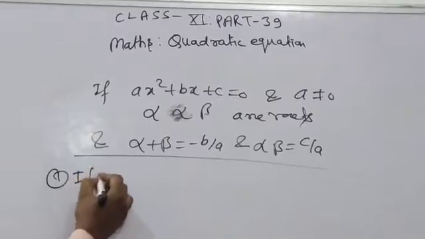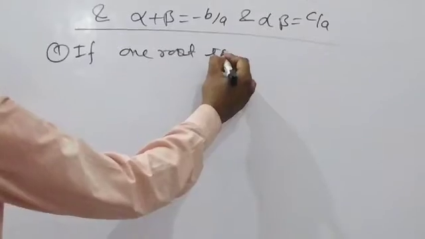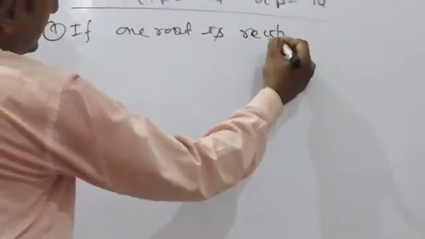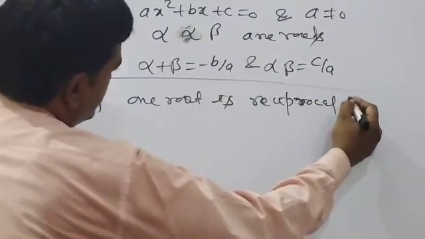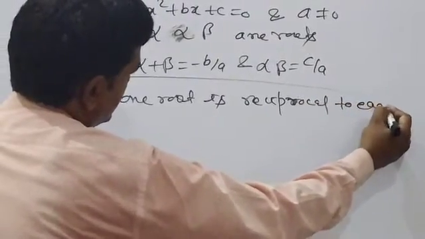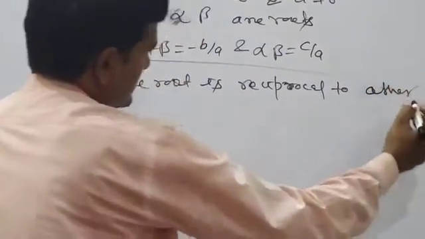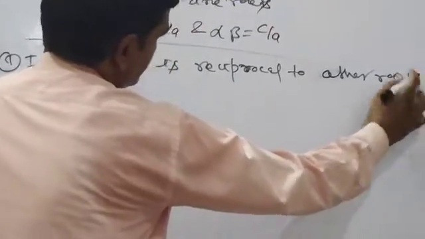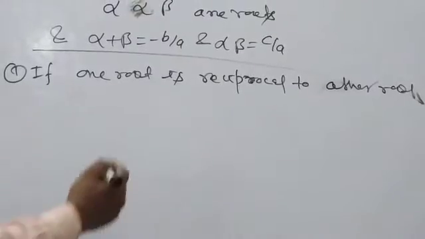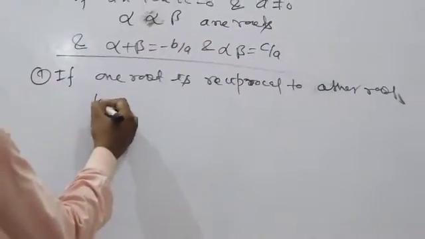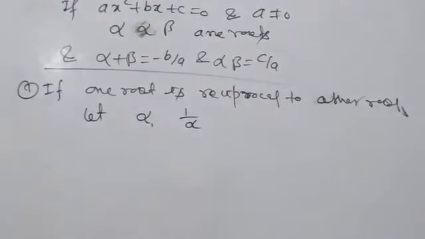Now, if one root is the reciprocal of the other root, let one root be alpha, then the second is 1 by alpha.